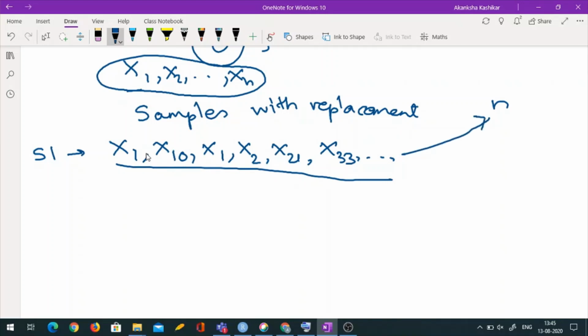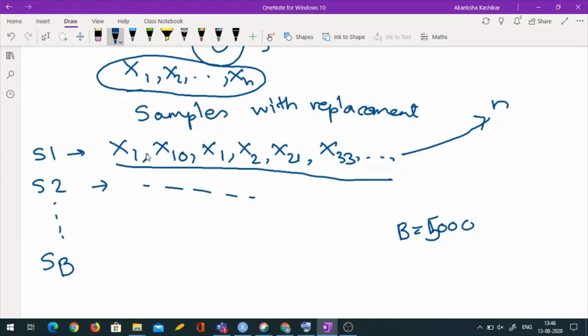I will do a similar exercise again, get another sample, and go on doing this B times. So I'll get capital B such samples. The capital B is a very large number, something like 1000 or sometimes even 5000.